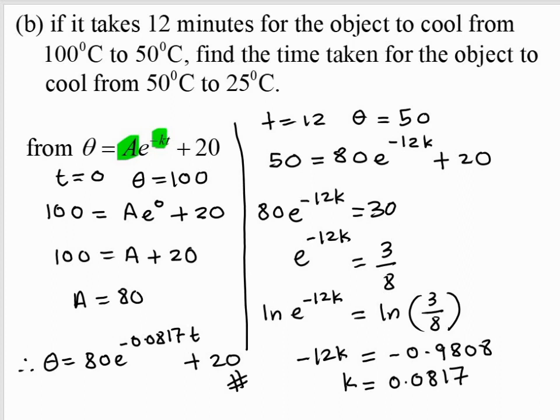And then let's find the time taken for the object to cool from 50 degrees Celsius to 25 degrees Celsius. To do this, first we are going to find t when theta is 25 degrees Celsius. So 25 equals 80 e to the power of negative 0.0817t plus 20.